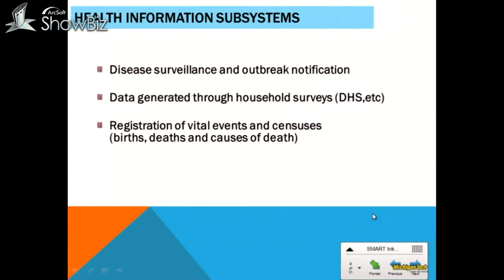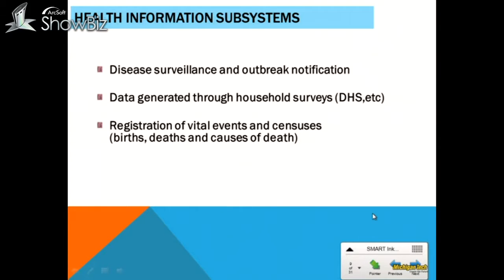So the second one, in this slide we also have disease surveillance and outbreak notification. For example, for the cold, okay, flu, perhaps there will be a big outbreak in this area.